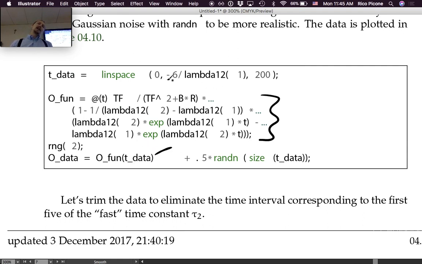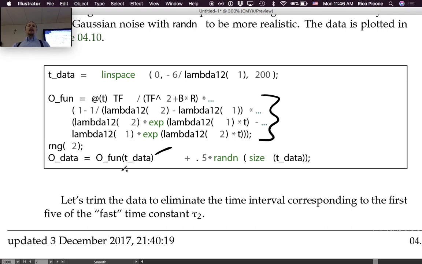I simulate this out. I generate time steps from 0 to 6 tau 1, the dominant time constant. So 6 of the long time constants, which should be about 99.98% decayed by then, and give me 200 points in between.